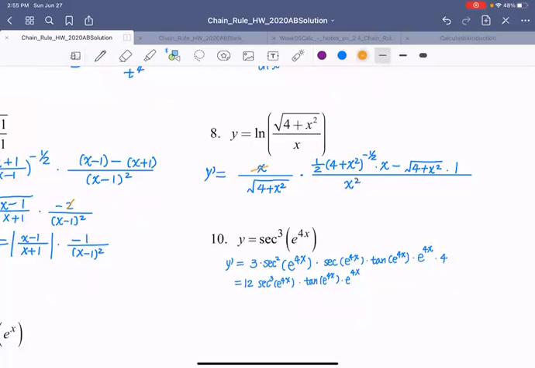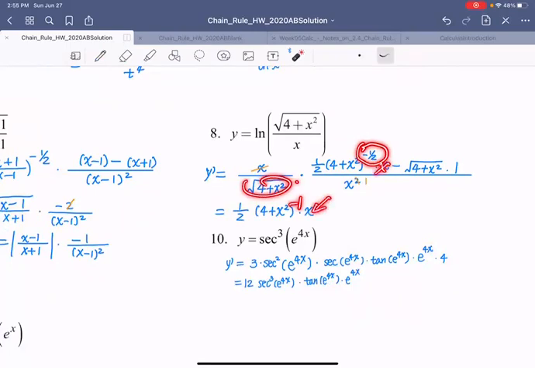This guy and this guy can cancel, right? And then look at here. This and this is going to make it 1/2 times 4 plus x squared to the power -1 times x, right? -1/2 minus 1/2 becomes -1.